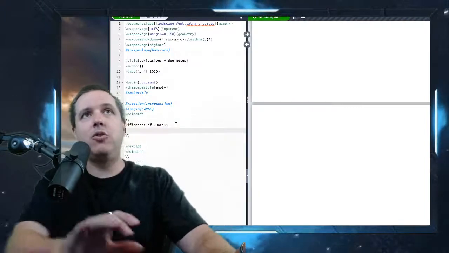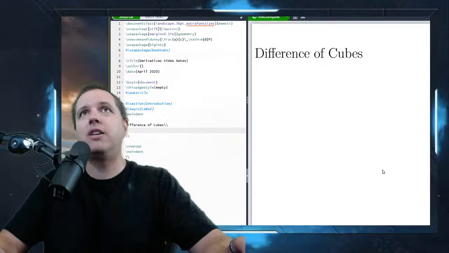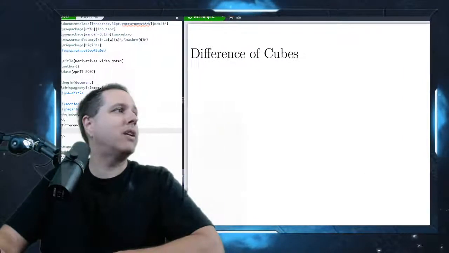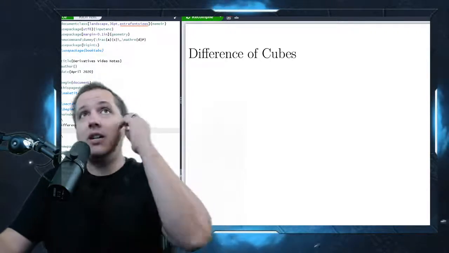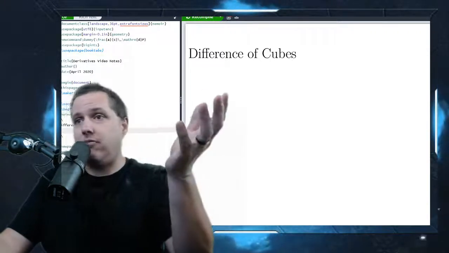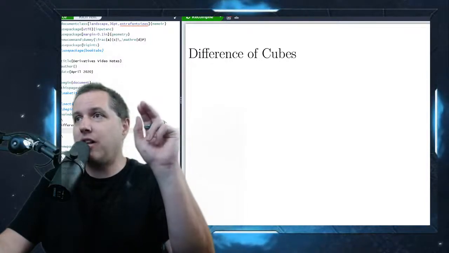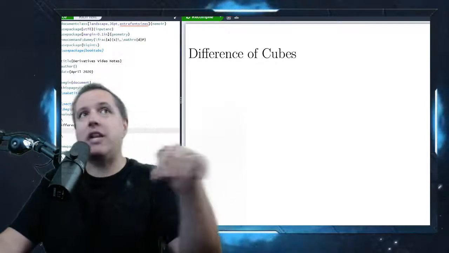You can imagine from what we did with difference of squares, difference of cubes is just where there's going to be a subtraction, and there's going to be cubes in it. Remember, the difference of squares was literally two squares and then a subtraction in the middle. Well, difference of cubes is two cubes with a subtraction in the middle.